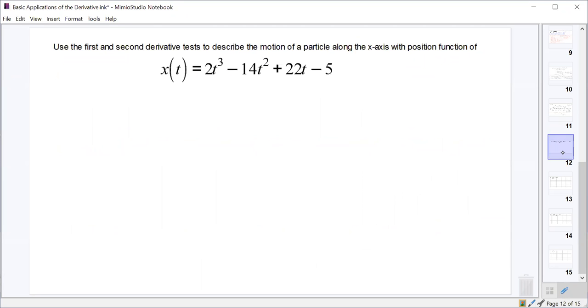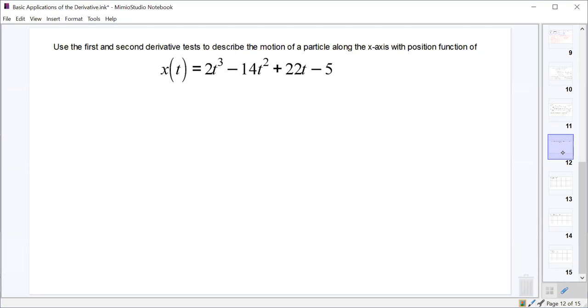Okay. So here we've got a particle that's moving along the x-axis, and we're giving it a position function here of 2t cubed minus 14t squared plus 22t minus 5. Let's describe the motion of the particle in terms of velocity and its acceleration by using the first and second derivative tests.